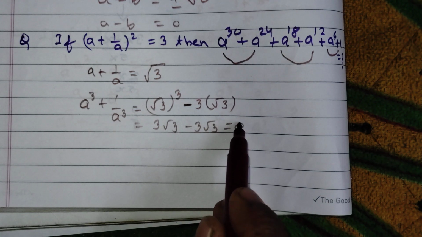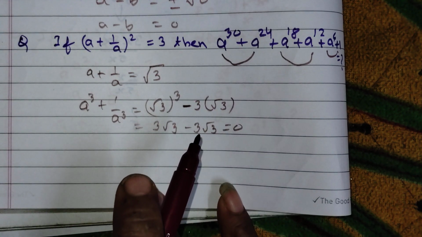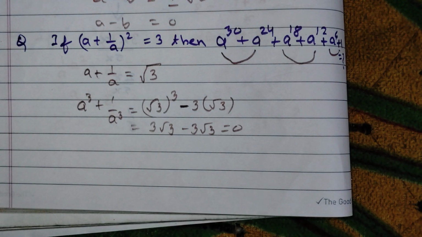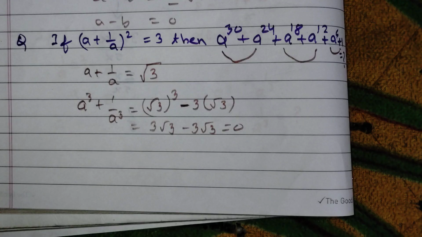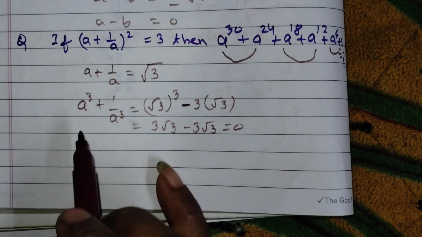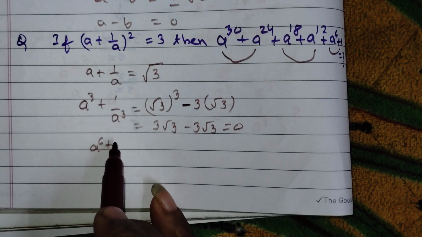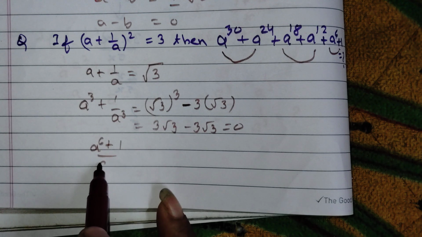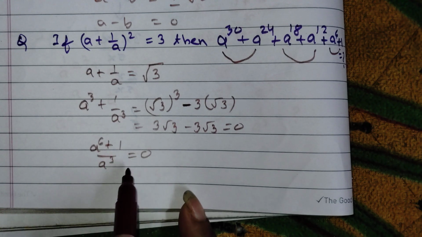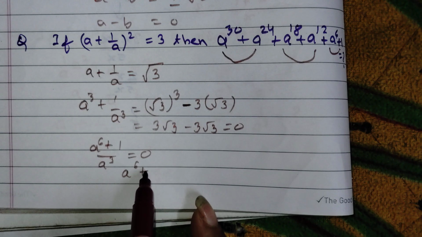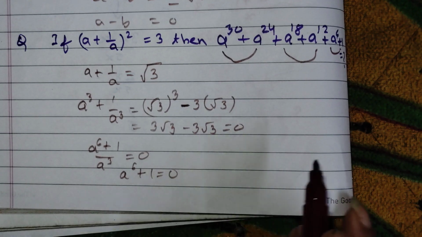So its value is 0. Taking the LCM of a cube plus 1 upon a cube, it gives us a raised power 6 plus 1 upon a cube equal to 0. So it means a power 6 plus 1 equal to 0.